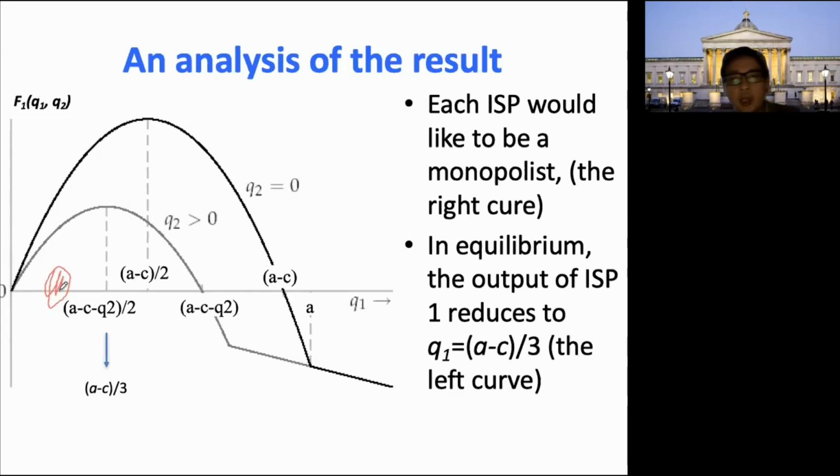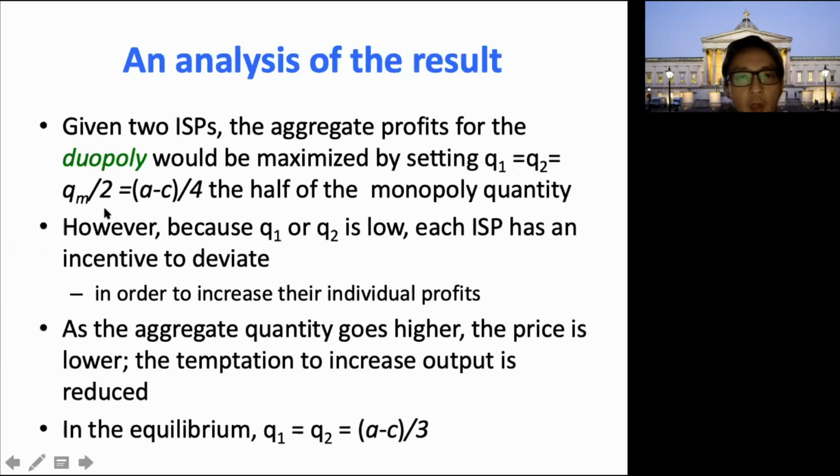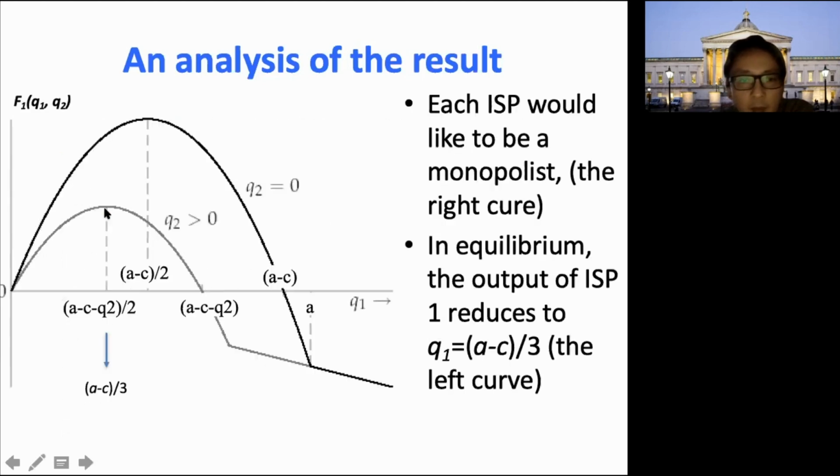But in this duopoly case, if they make their decisions on their own, they have incentive to deviate from this, and move gradually from this until they reach here, and then it's a natural equilibrium. They don't want to move anymore. So this is a Nash equilibrium, right?